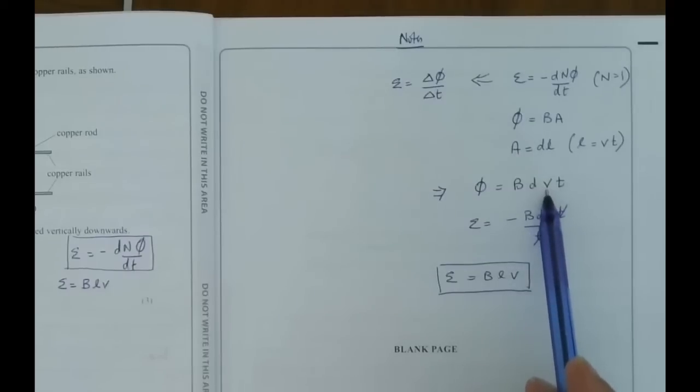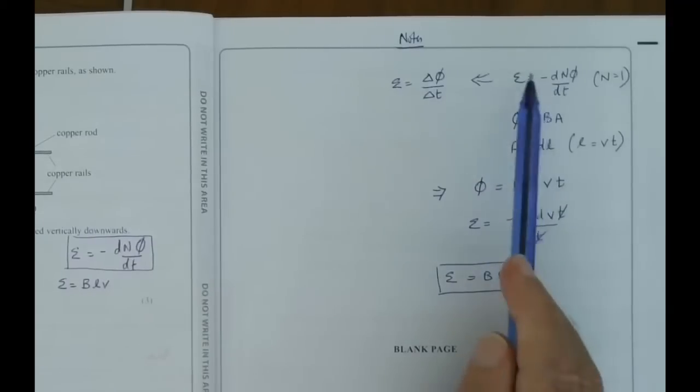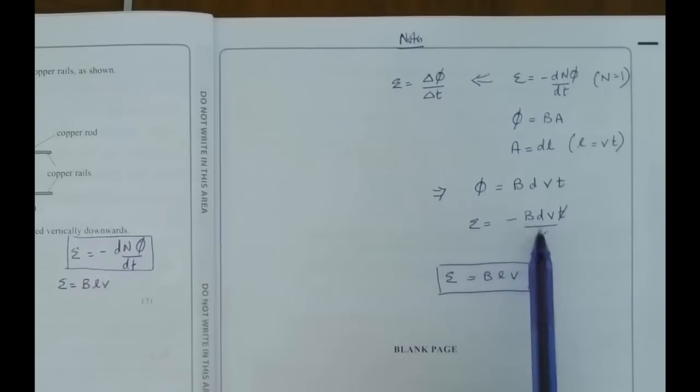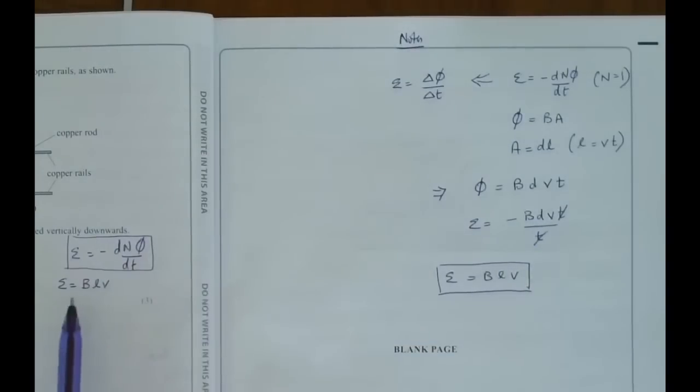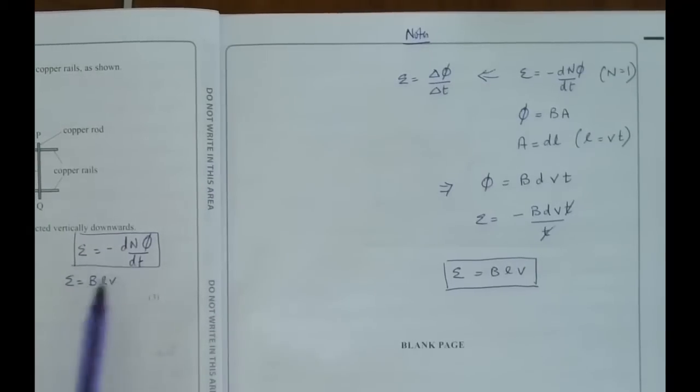How much the rod moves across will be L, which is velocity times the time taken. Now you will notice, because we're dividing by time, the times cancel out, and that's Bdv, which, if we go back to my previous page, is actually the equation BLV.